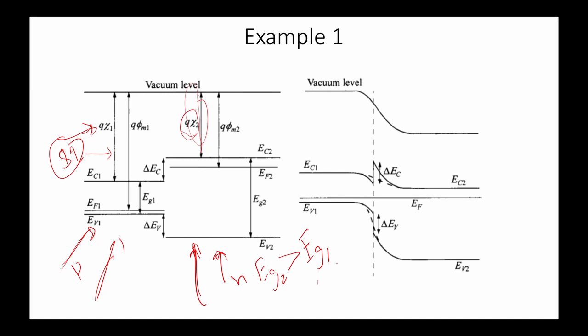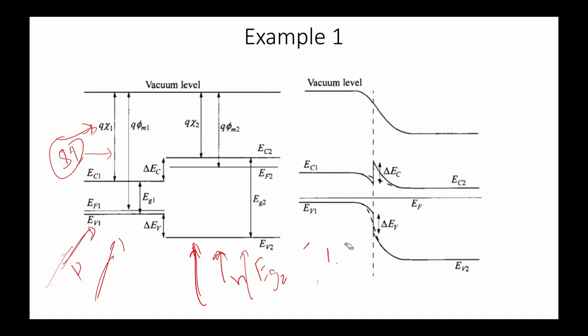So one is semiconductor 1 with band gap Eg1, and another is semiconductor 2 with Eg2, and the conduction band and valence band of the first semiconductor lie in between the conduction band and valence band of the second semiconductor.